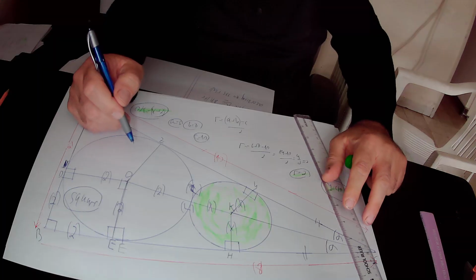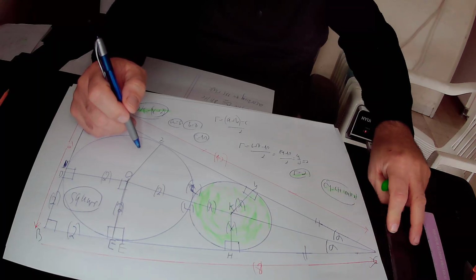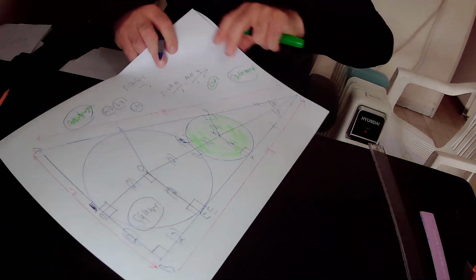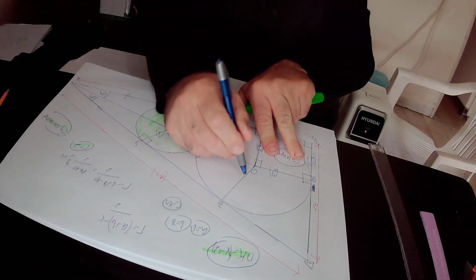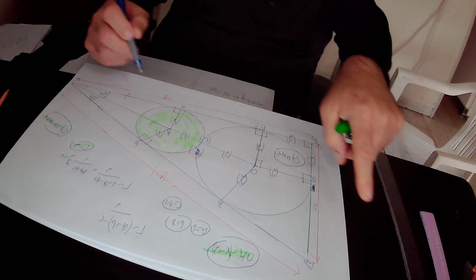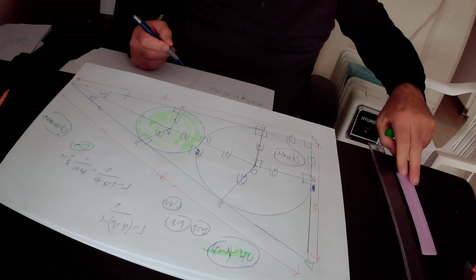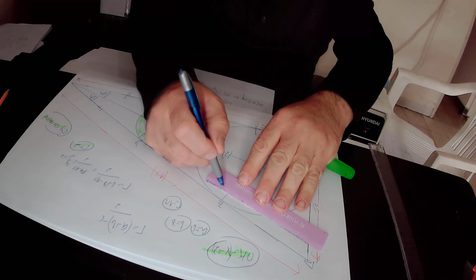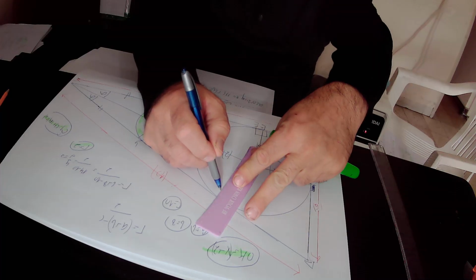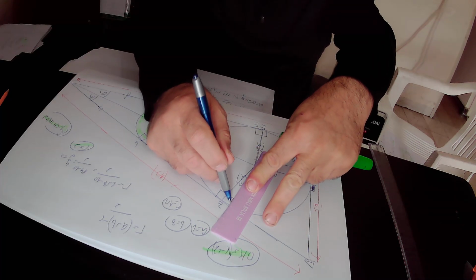OZ is of course the radius of this circle, which equals 2. Point Z is the point of tangency of tangent AC with this big circle. Therefore, according to rule 1, this angle equals 90 degrees in size, and this angle also equals 90 degrees in size.